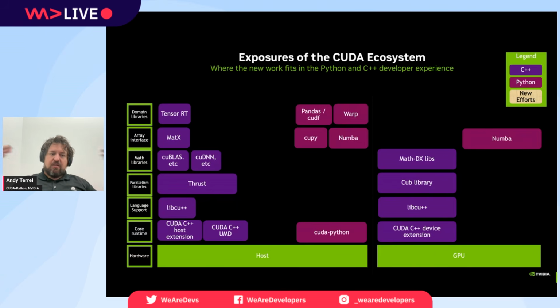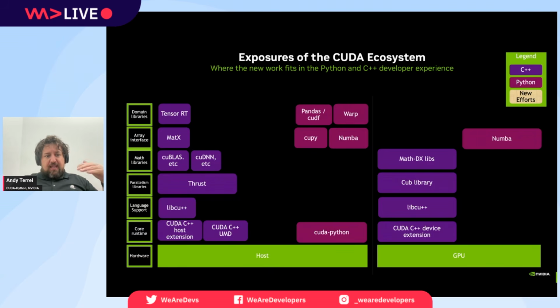Then there are math libraries like our linear algebra and neural net libraries, and our device side versions of those things, to array interfaces. Then on the Python side, those things I just talked through: we have CuPy, which is the array interface, and Numba, which is a compiler from Python to LLVM code. And down at the bottom, we have bindings that get you to the host, but largely you're calling C++ code to get to the host. So today, if you want to use things in between, there's a big gap, and that's what we're trying to fill.